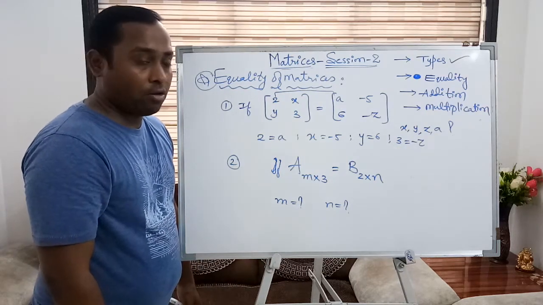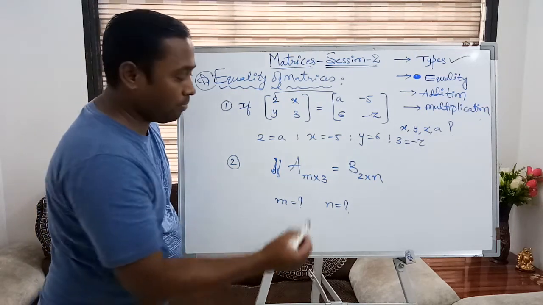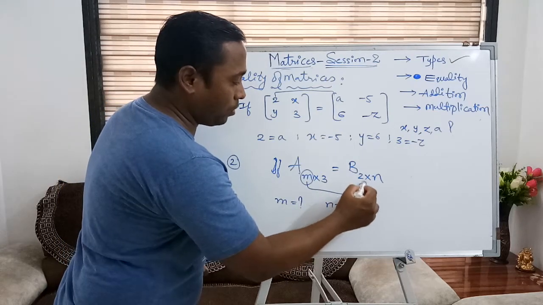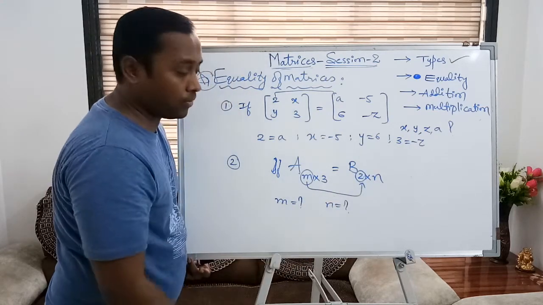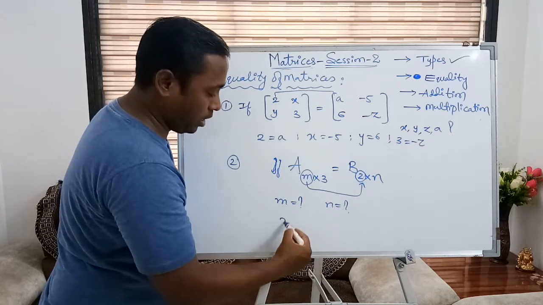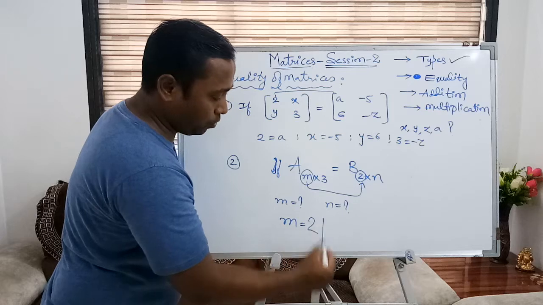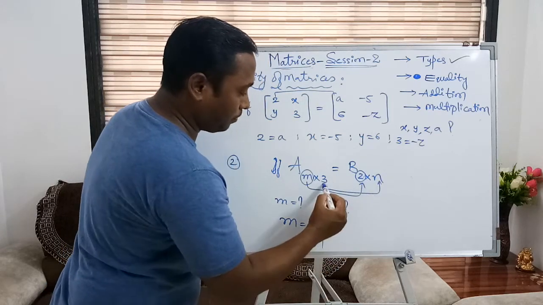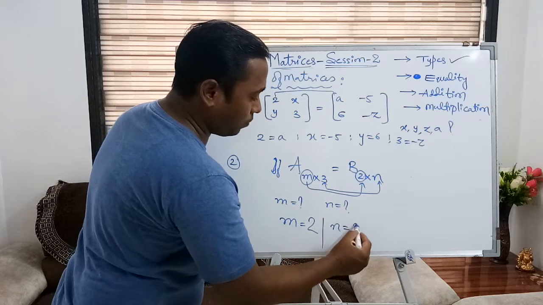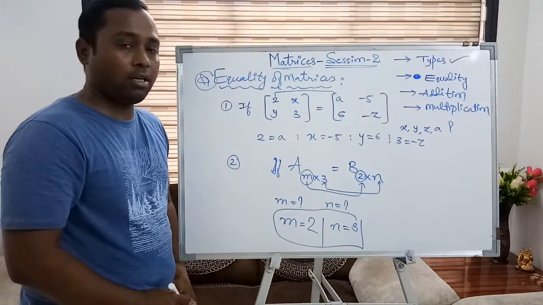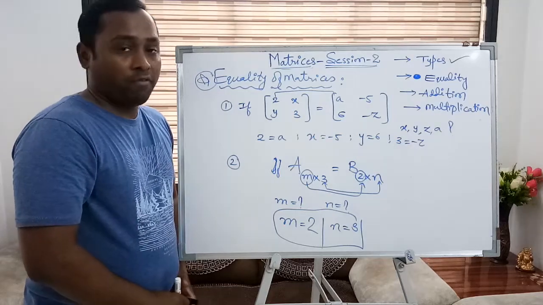If the matrices are equal, their orders must be the same, meaning the number of rows of the first matrix must be equal to the number of rows of the second matrix. So m must be equal to 2. So the value of m is 2. Similarly, columns must be the same, so the number of columns n would be 3. So this is what equality of matrices is about.